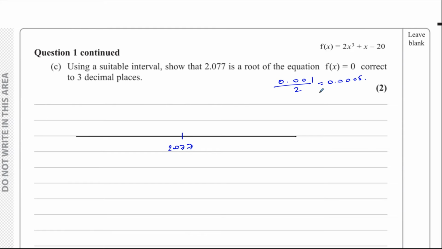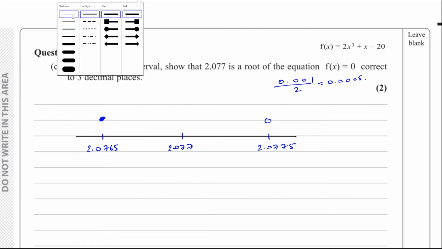So basically, if we take away 0.0005 from this, it's going to give you 2.0765. And if you add 0.0005 to this, it's going to give you 2.0775. This is called the lower bound, and this is called the upper bound of our solution.